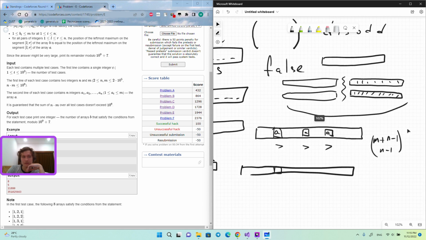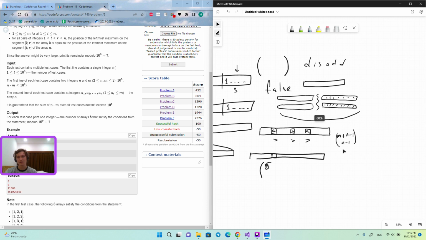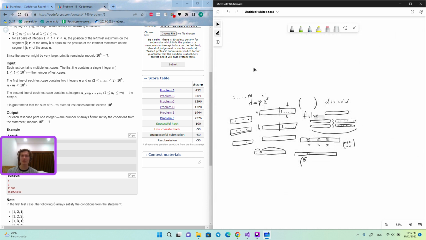For example, 3, 3, we have choose from 5. I get it. Sometimes we cannot choose equal numbers. Yes, so when we jump to the left, we cannot choose the same number.